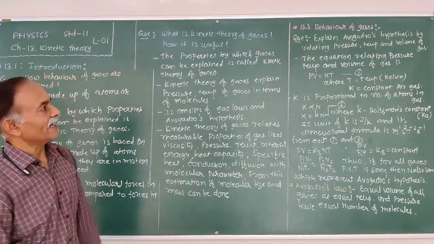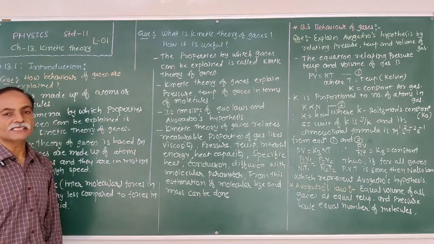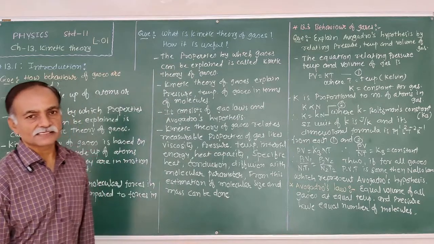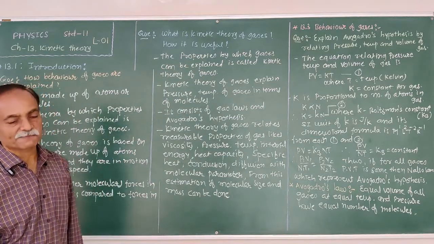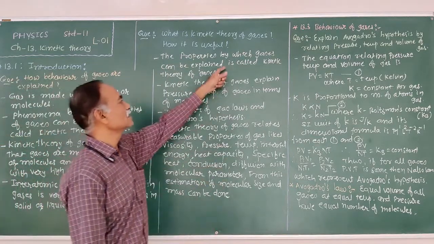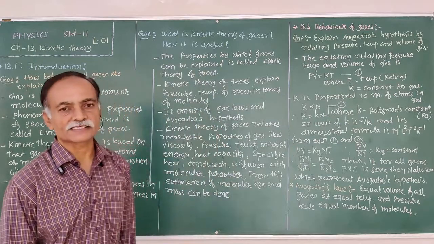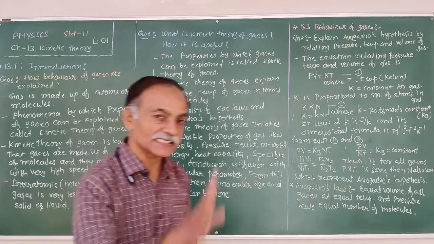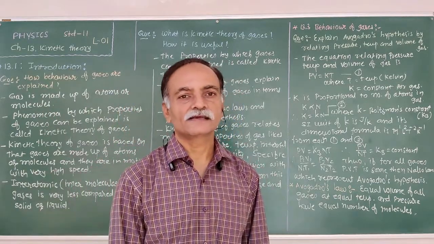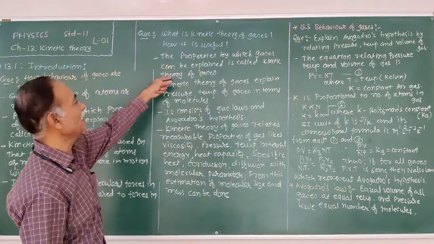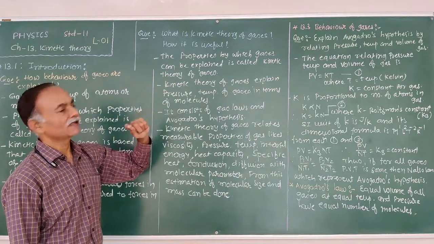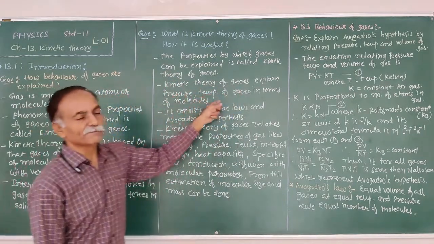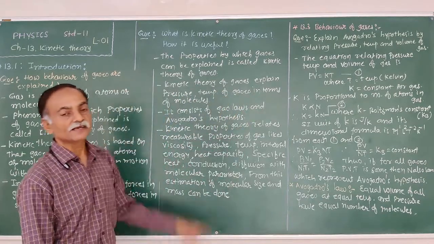Again, what is the kinetic theory of gases and how is it useful? The property by which the gases can be explained is known as the kinetic theory of gases. The kinetic theory of gases explains the pressure and temperature of gases in terms of the molecule.